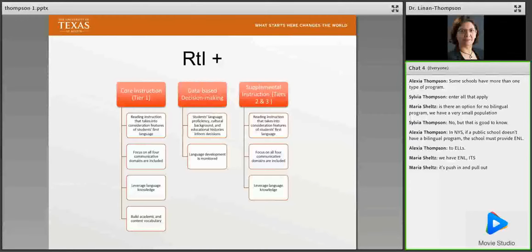The next part is related to the first point, which is leverage language knowledge. One of the things we know about bilingual children is that they develop metalinguistic awareness at much higher levels than monolingual students. And it makes sense because if you're bilingual, you have to think about language a lot more than somebody that's monolingual, right?